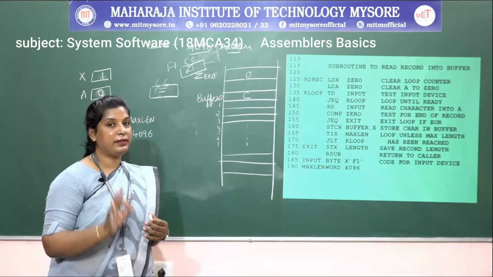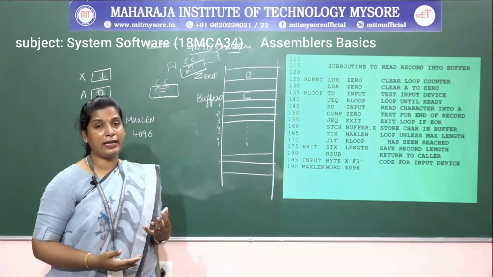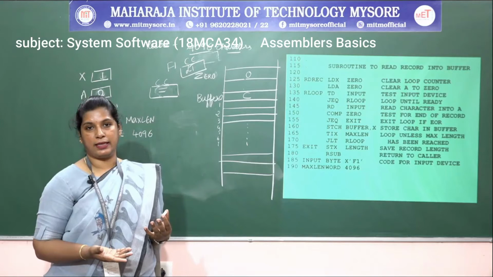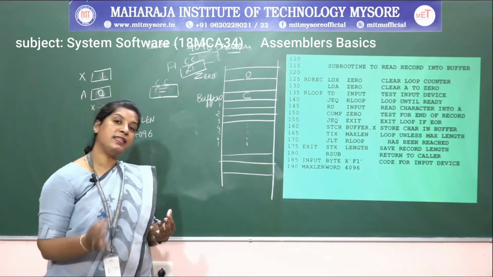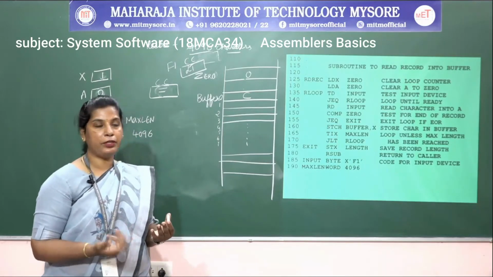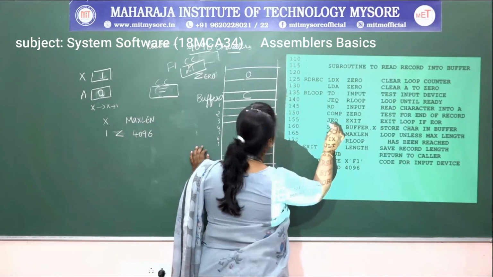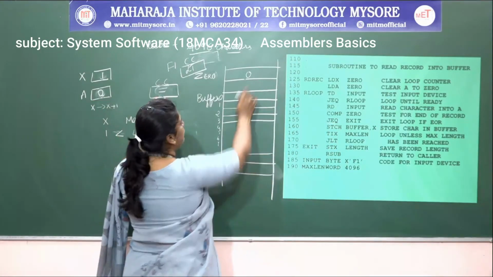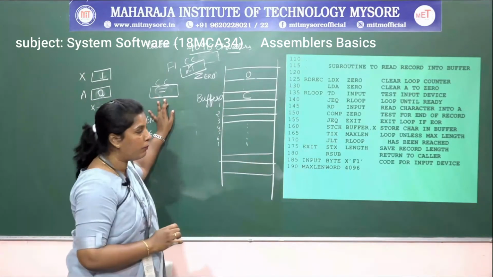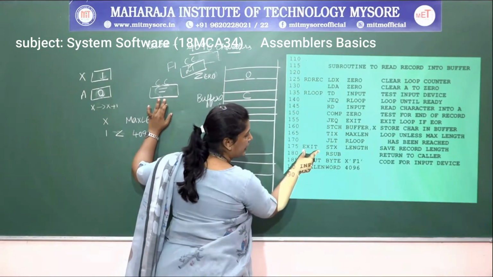I can end that record at any time, after reading a single character, 100 characters, 10 characters, up to 4096 characters. That is the maximum length. If it exceeds the maximum length, it will not take any more characters from the input device, right. So 0 is equal to 0, which means the control goes to exit.